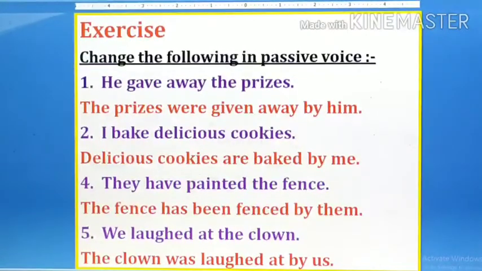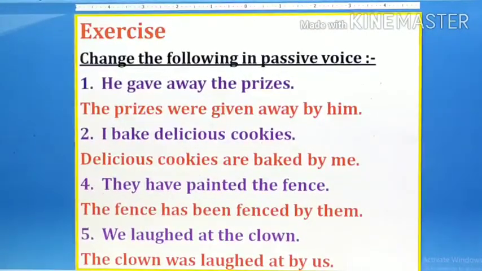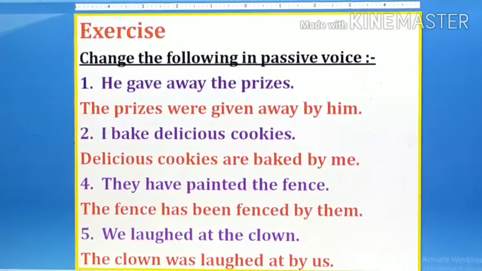Here see, the sentence is in the past form, gave, that is V2 form, and when I change it into the passive voice, first of all I have to use the auxiliary. You might remember from the previous slide I told you, first of all we will use the auxiliary plus the V3 form. Okay, so here the prizes, which are the object, become the subject. Here the prizes were given away by him.